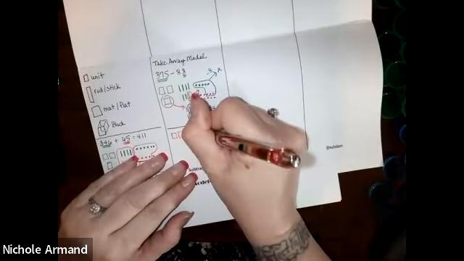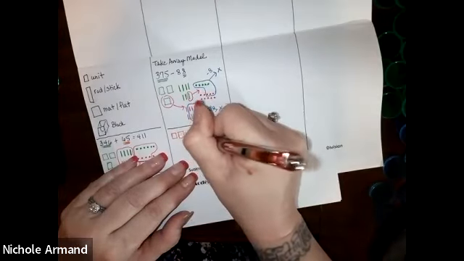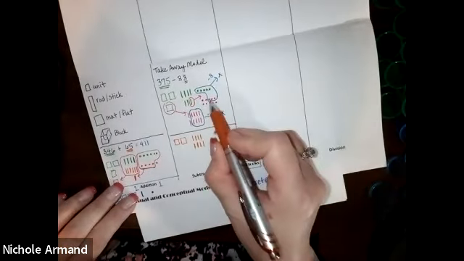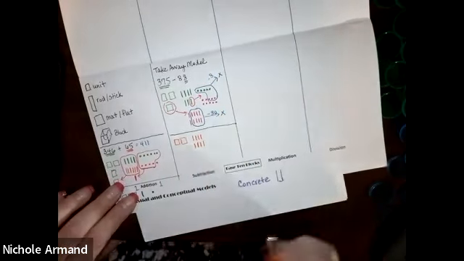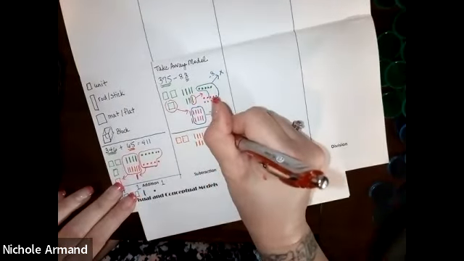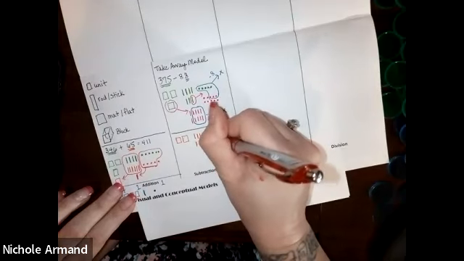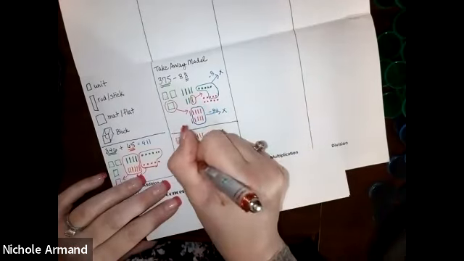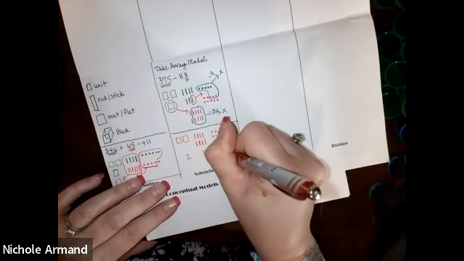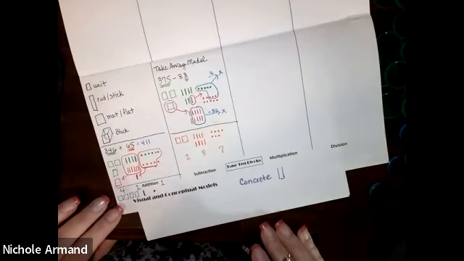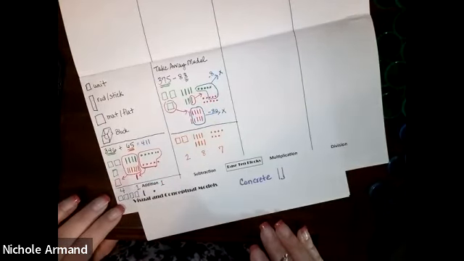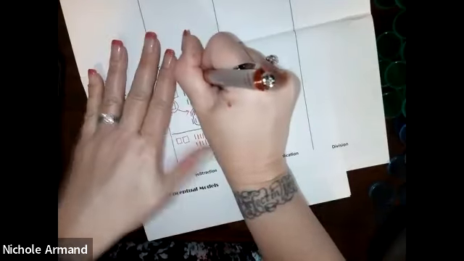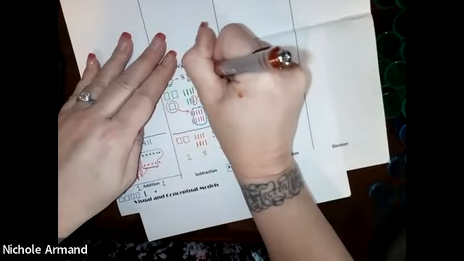And then for my units, I have 1, 2, 3, 4, 5, 6, 7 left. So 287 is the answer to 375 minus 88. There we go.